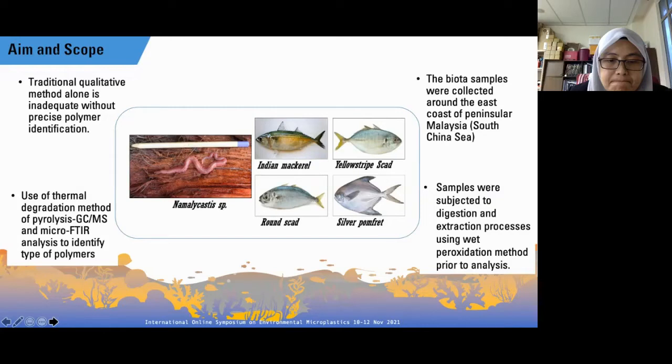All the samples were collected around the estuaries and fish markets at the South China Sea, the east coast of Malaysia, where all the samples were oxidized, extracted, and digested using a wet peroxidation method, following the international guidelines, UNEP.